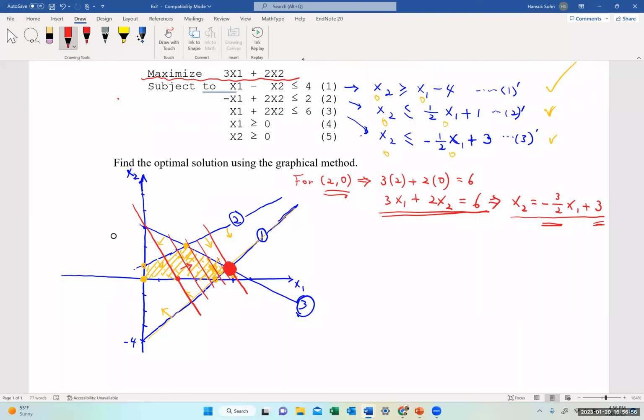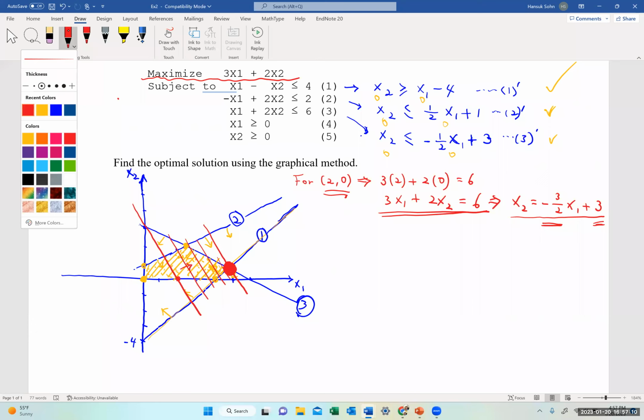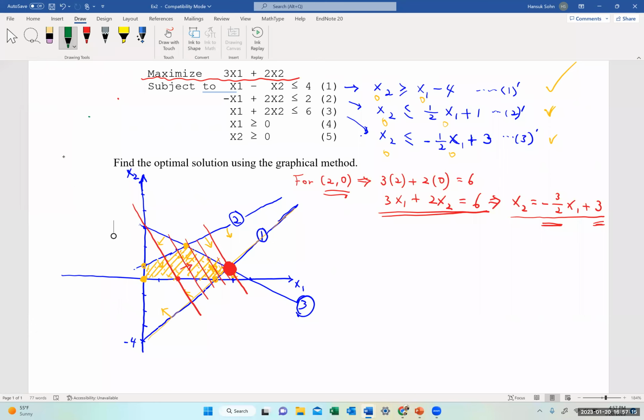Now, because we identified the optimal point, we need to identify the binding constraints at this optimal point, okay? Let me change the color. We have two binding constraints, which are constraint number 1 and constraint number 3, right?